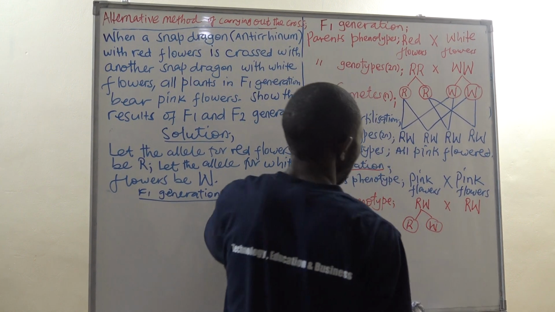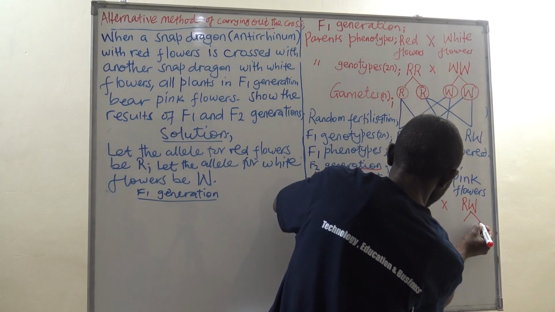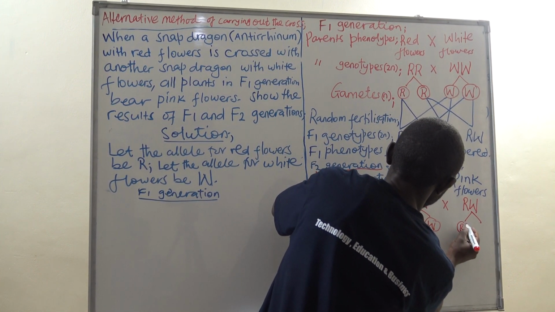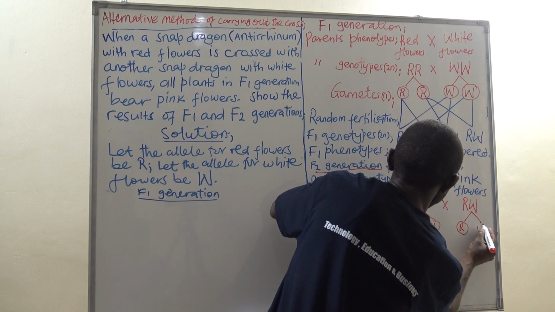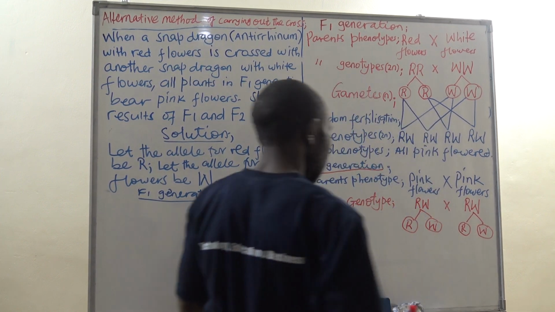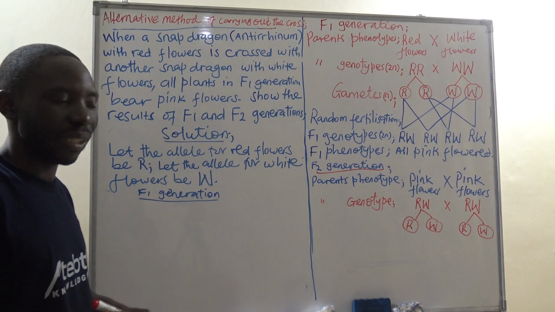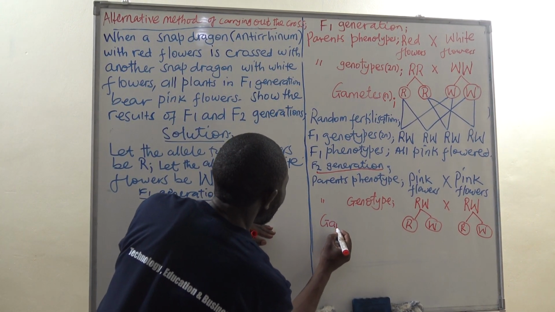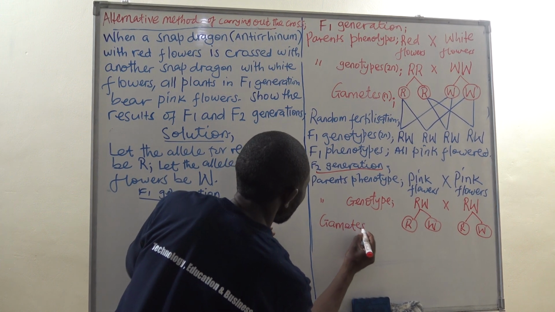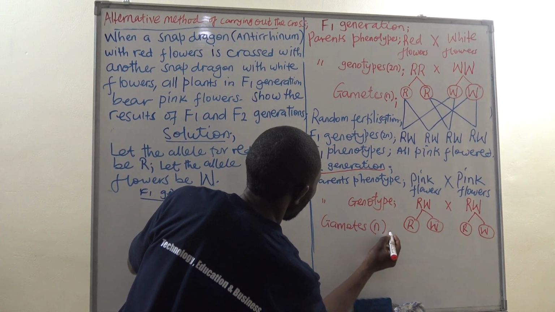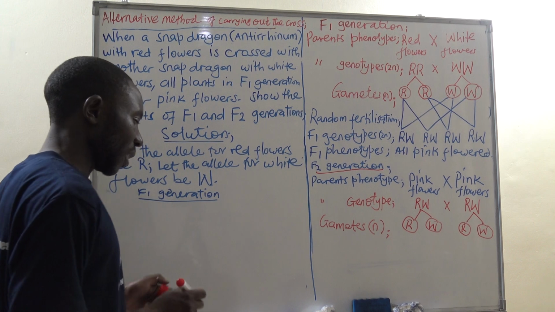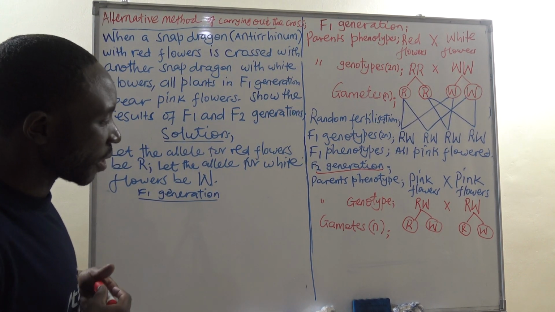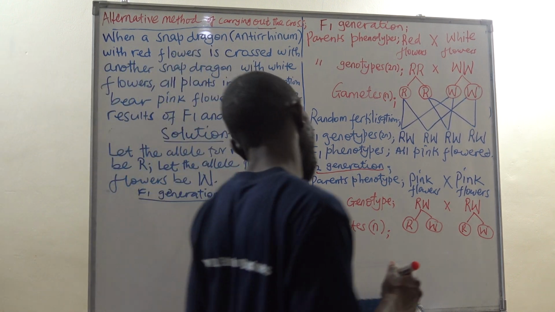This one also segregates in a similar way to form capital R and capital W. So the genes have segregated, and each one of them is carried in single gametes, which are haploid. So now at fertilization, what happens there? Of course, as usual, we draw our cross lines.